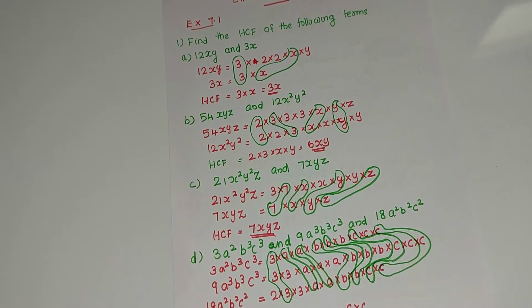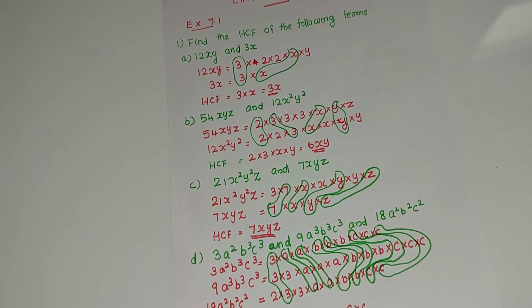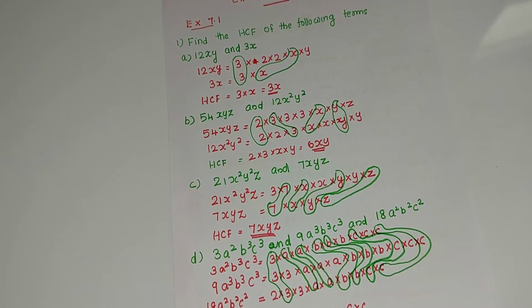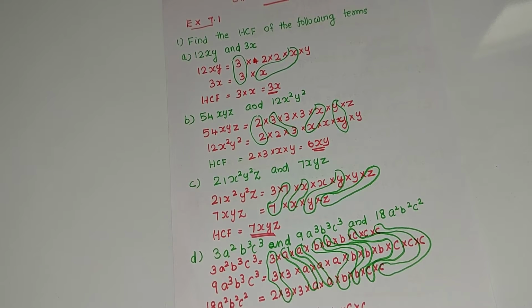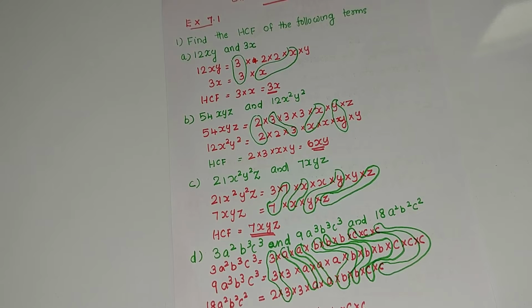Now the second one, 54xyz and 12x square y square. Same way you write each as the product of its factors. 54xyz can be written as 2 into 3 into 3 into 3 into x into y into z, and 12x square y square you can write as 2 into 2 into 3 into x into y into y. And 2 is common for both, 3 is common for both, and x is common and y is common.